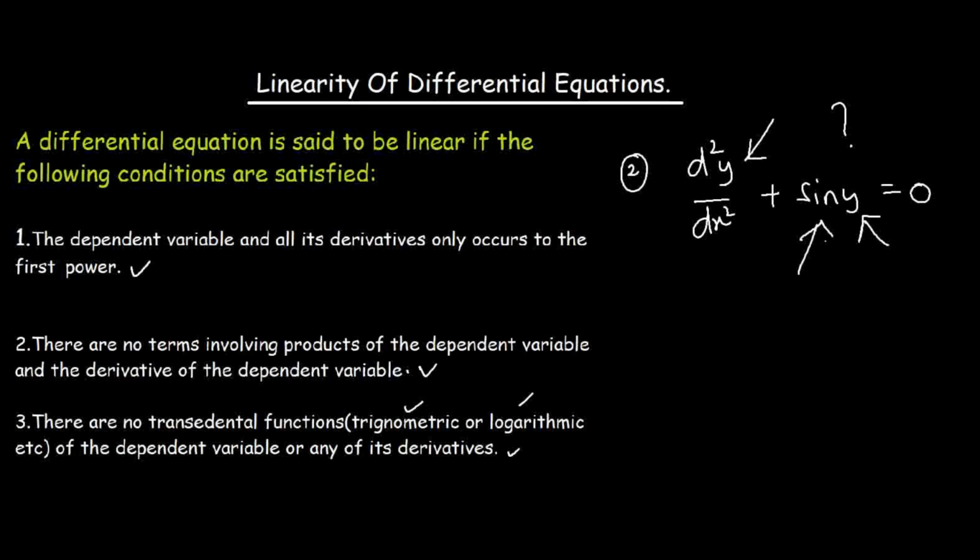So this sine y here makes this equation a nonlinear differential equation, because we have sine of the dependent variable, which the third condition says mustn't be there. So this is therefore a nonlinear differential equation.